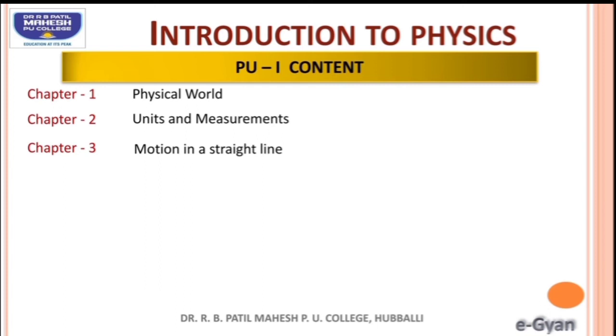In this chapter we'll be studying some definitions of basic physical quantities such as path length, distance, displacement, speed, velocity, and acceleration. Already you have studied about these physical quantities in your previous classes, but still we'll be studying about this in depth. And here we'll be deriving three important equations, and those equations are called kinematic equations.